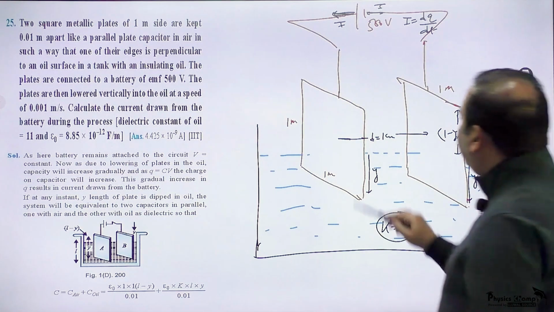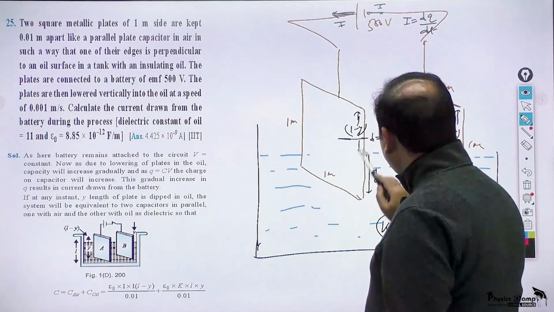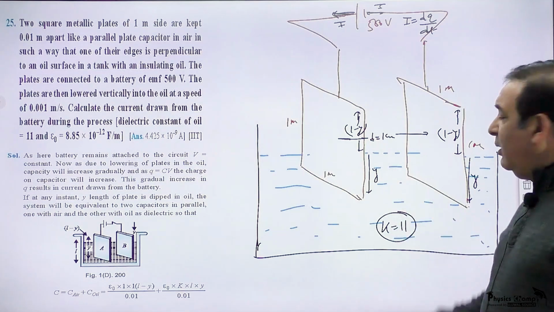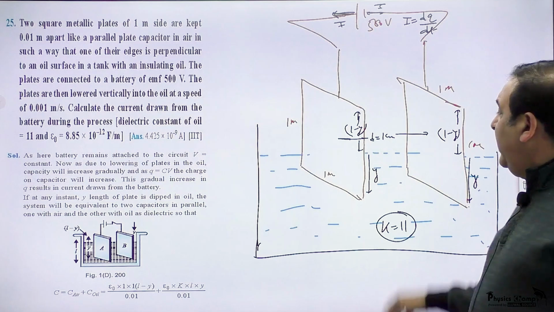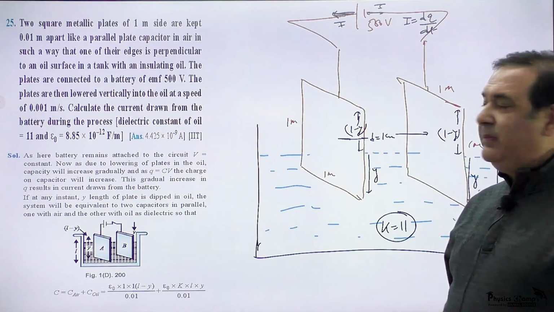So at a moment, y height is in oil and 1 minus y height is in air.